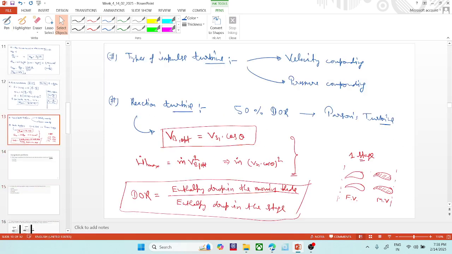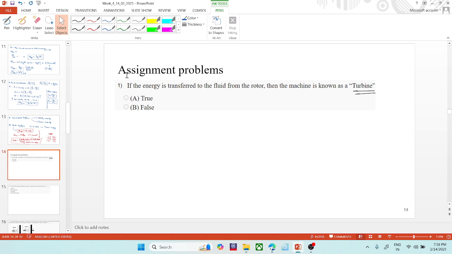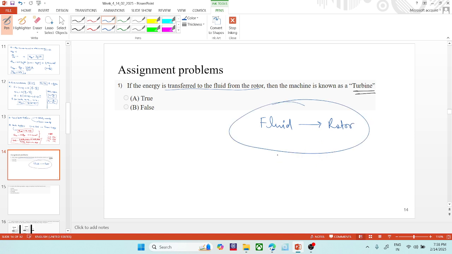Here the problem is saying that the energy is transferred to the fluid from the rotor.